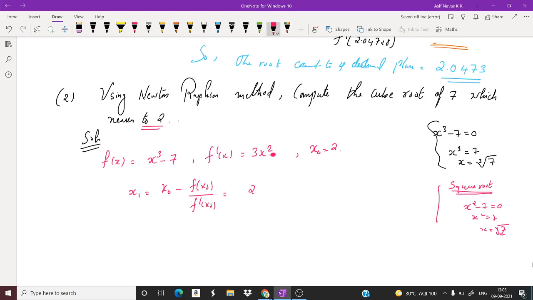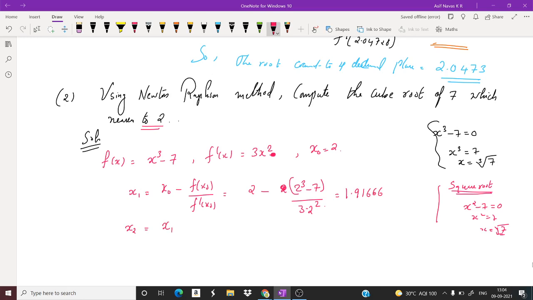This is equal to, x naught is 2, 2 minus f of x naught, 2 cube minus 7, divided by 3 into 2 square. So x1 you will get 1.91666.